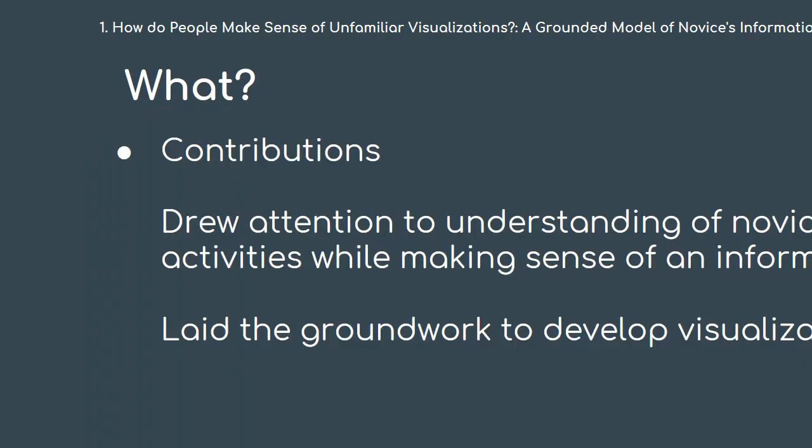The overall contribution of this paper drew attention to understanding novice users' cognitive activities, what makes sense of the information visualization. It also laid the groundwork to develop visualization literacy.